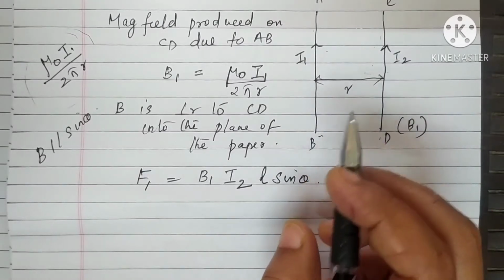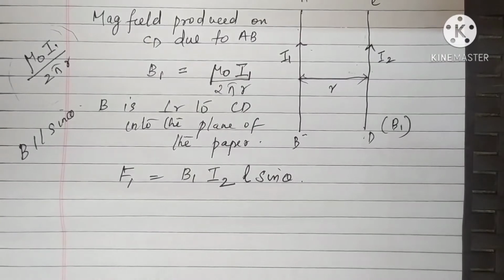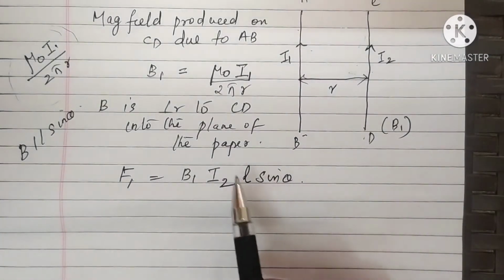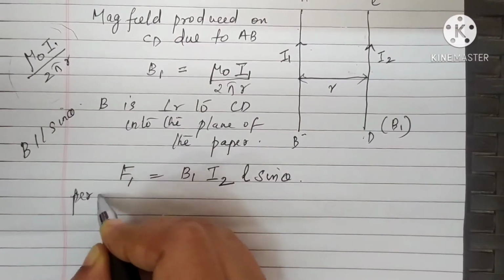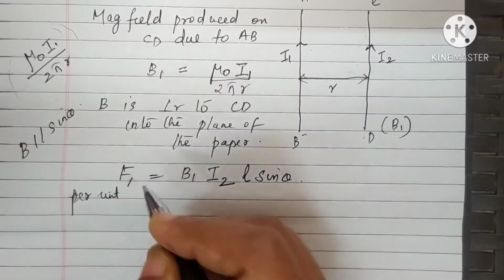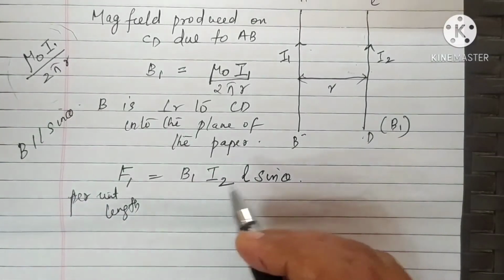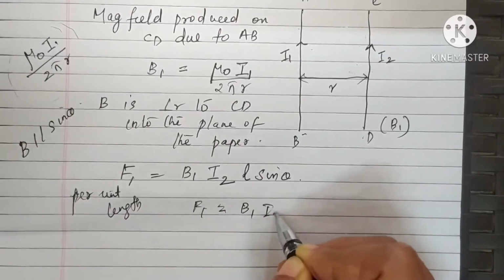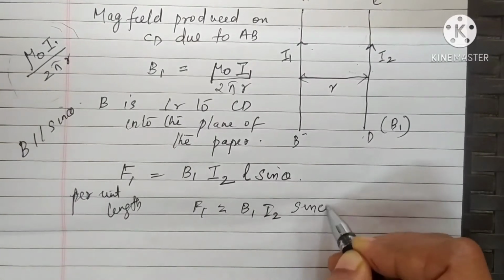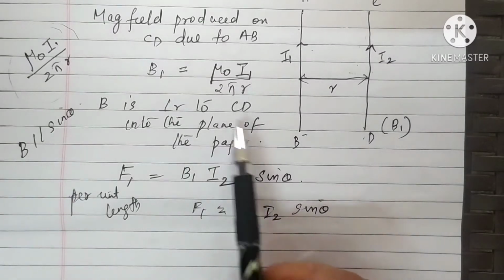Okay. Now listen. We are writing the expression for force per unit length. Okay, it is for unit length, so you can take l as 1. So this expression is F1 is equal to B1 I2 sine theta. And then B1, you know the expression that we have written here.